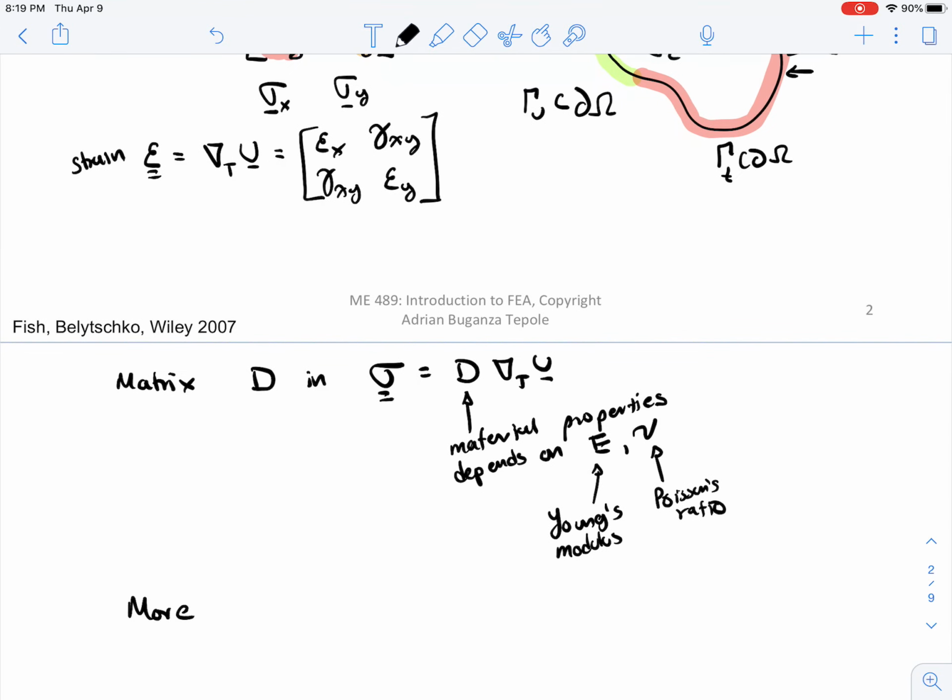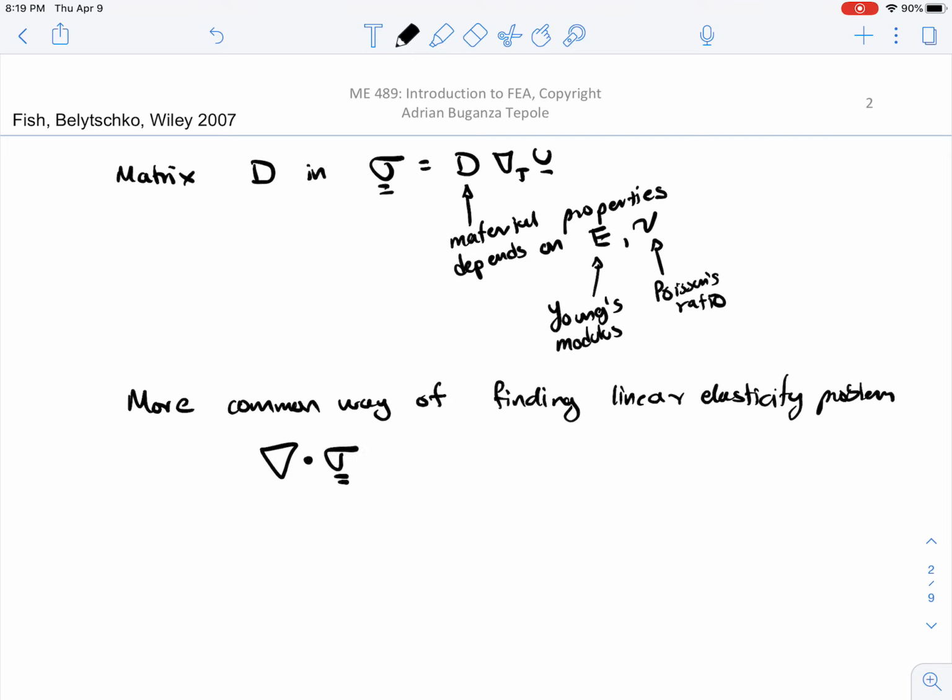But the more common way of writing the linear elasticity problem is, instead of two equations, you only have one equation. You have the divergence of the entire stress matrix plus a vector of body forces equals the zero vector.